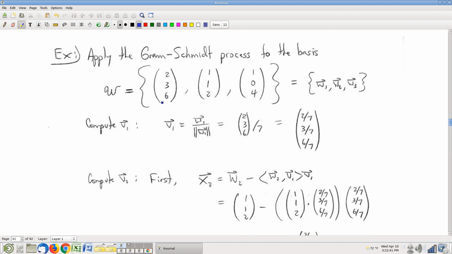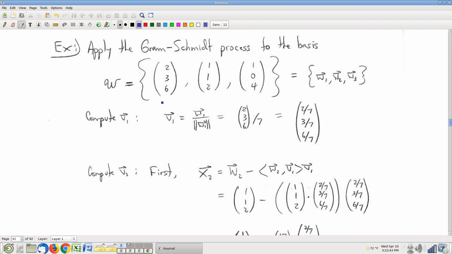I'm not going to go through all the details of this calculation because it's a tremendous amount of arithmetic. And y'all can do arithmetic, right? I'm going to let y'all wade through all of the ugliness of it. But note the structure. That second vector that we don't like, the way I fix it is I identify the part about it specifically that I don't like, namely to what extent does it point in the V1 direction.